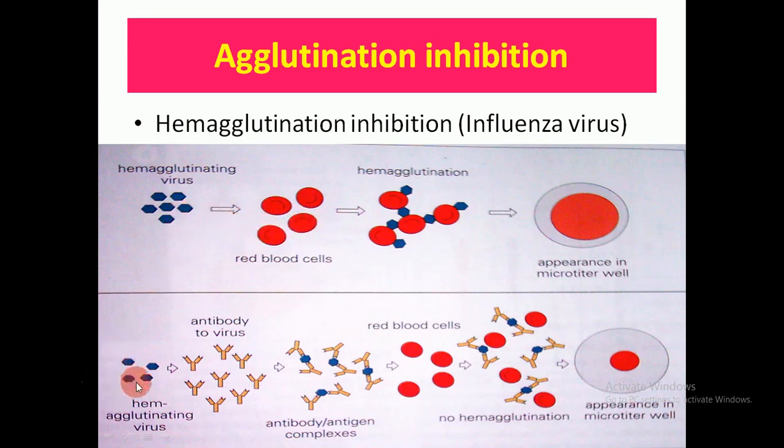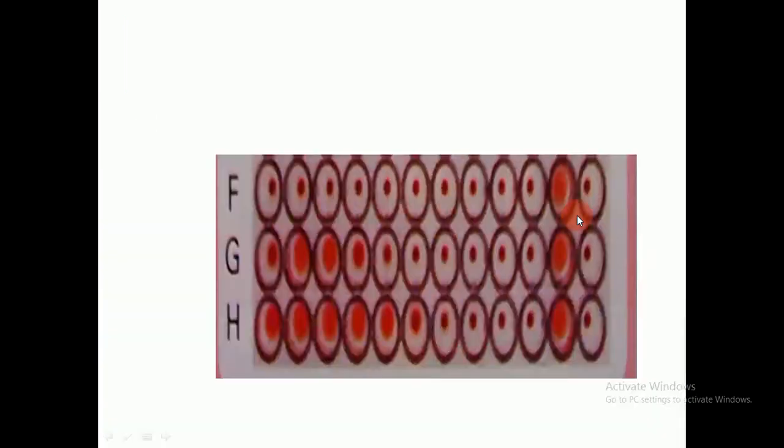Here we have the influenza virus, and we add patient serum containing antibodies, so this inhibits agglutination when we add RBCs. So the RBCs are still free and precipitate at the bottom of the microtiter plate, leading to formation of a dot, while here it leads to formation of a mat. Here is the microtiter plate, here the dot, and here the mat.